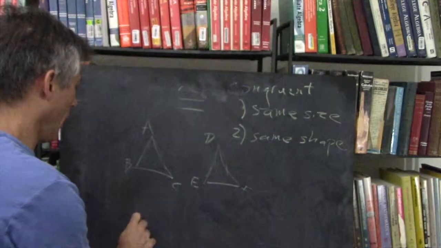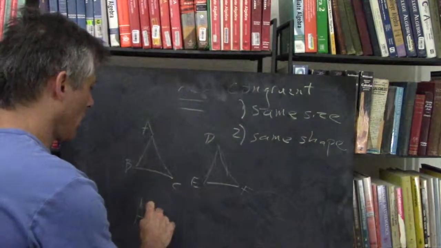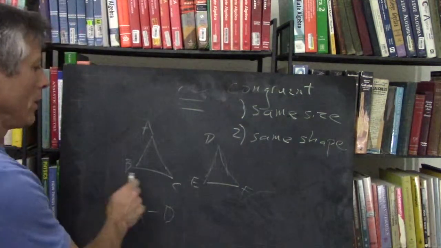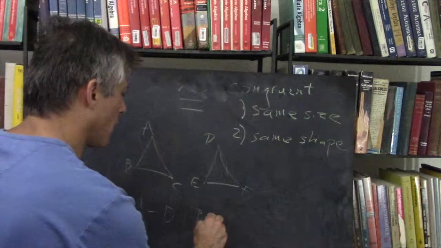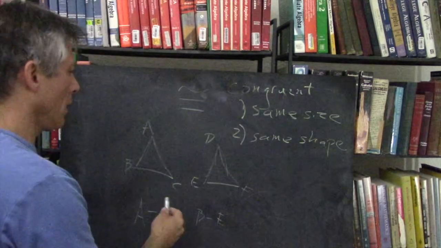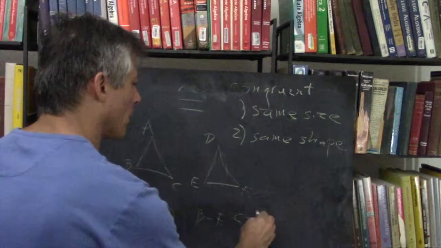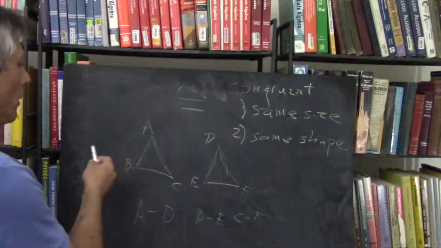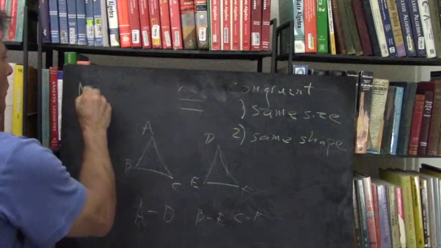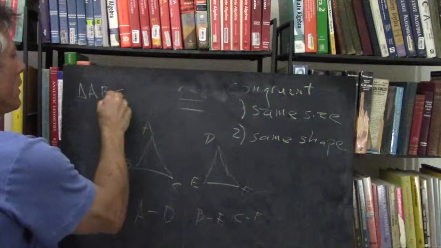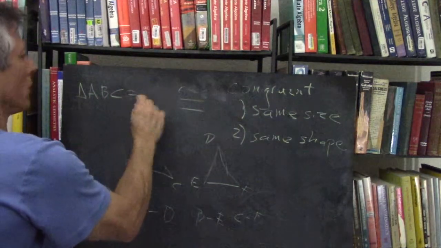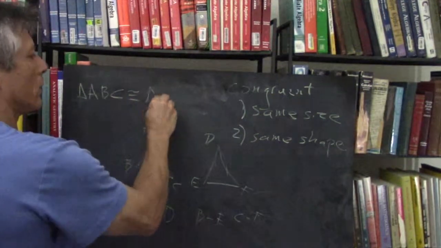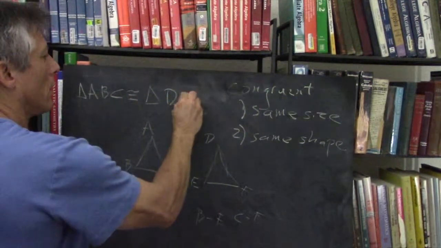So A is associated with D, B with E, and C with F. Okay, so we would have triangle ABC congruent to triangle DEF.